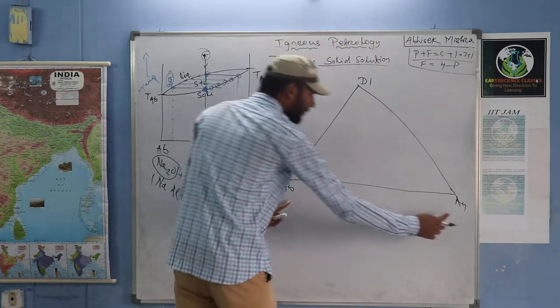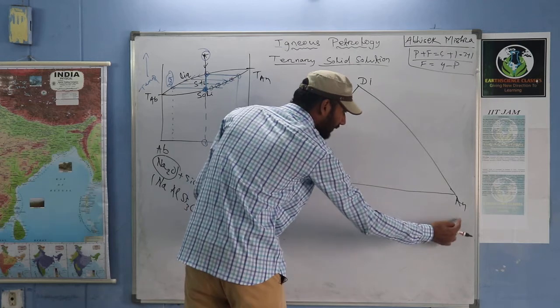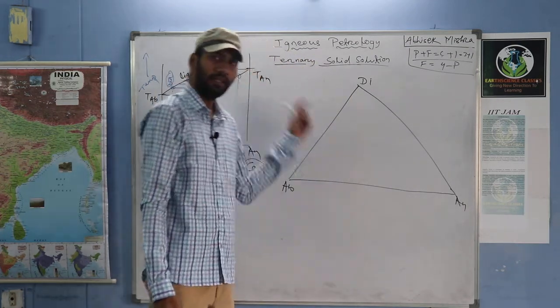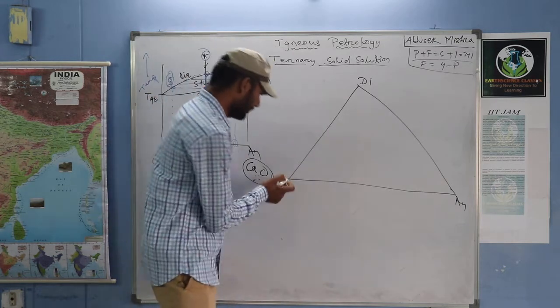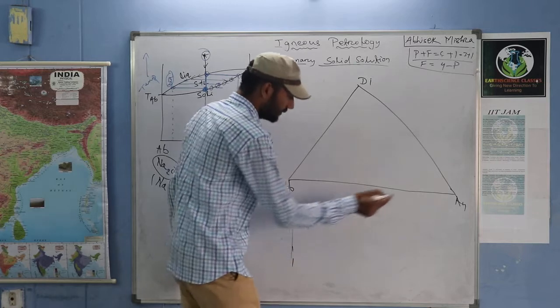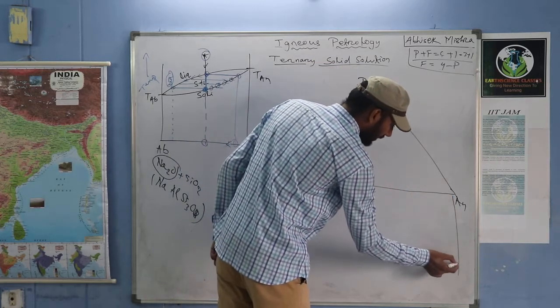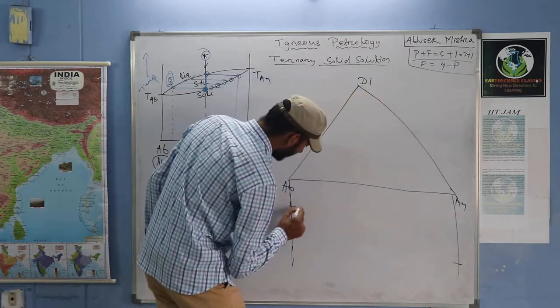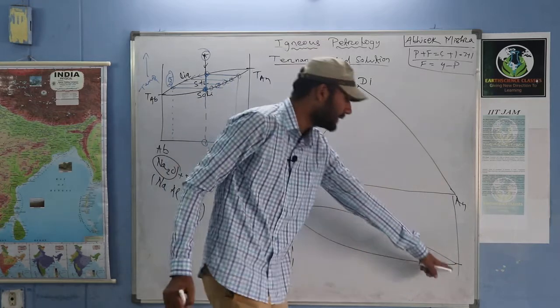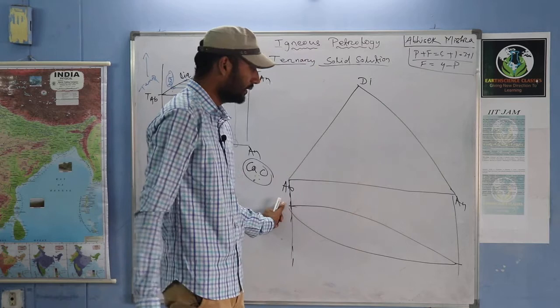As I have told, only one side of the triangle is showing the solid solution. That means if I plot it like this, here it is the solid solution. Anorthite has the higher temperature, albite has the lower temperature.